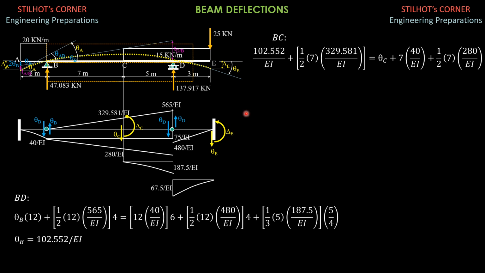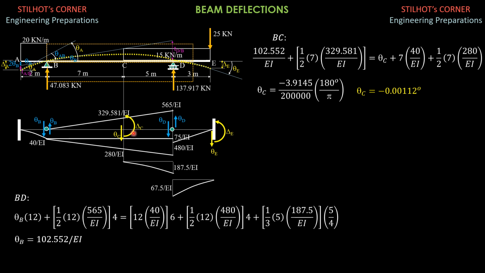So these areas. Theta C can now be computed. It is negative 3.9145 over EI, which is 200,000, then times 180 degrees over pi to convert that to degrees. So theta C is negative 0.000112 degrees.